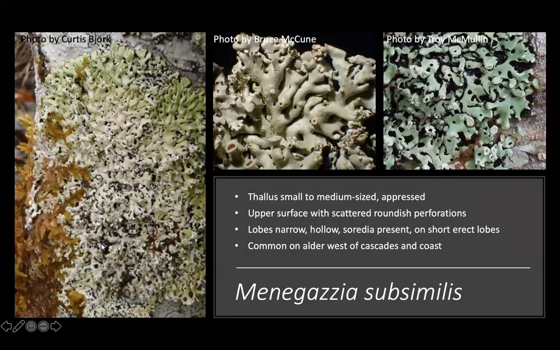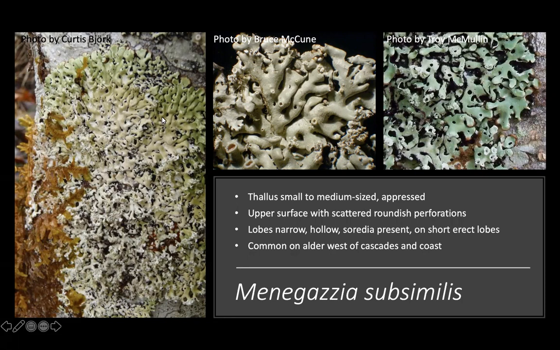Next up, we have Menegazzia subsimilis. This is also common on hardwoods and alder, especially west of the Cascades and along the coast. The way that I recognize this one is it's a tightly appressed rosette that I see growing on the side of a tree, and it has tiny little roundish perforations.